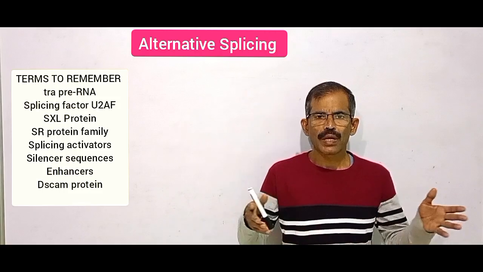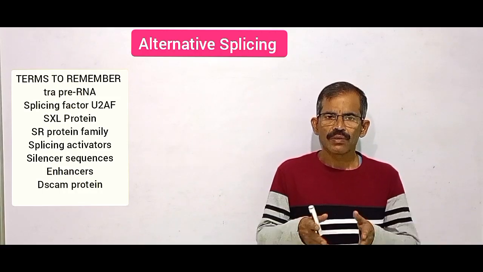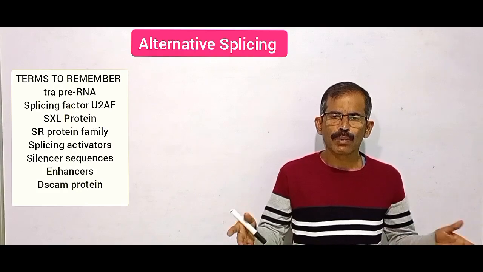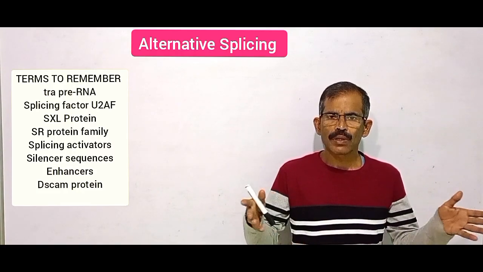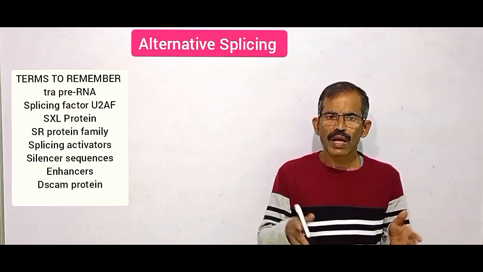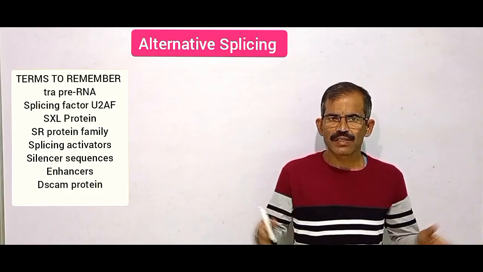Since most pre-mRNAs contain multiple introns, different mRNAs can be produced from the same gene by different combinations of 5' and 3' splice sites.